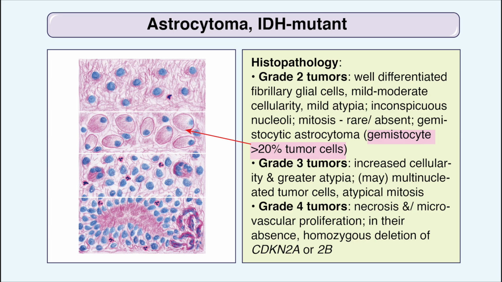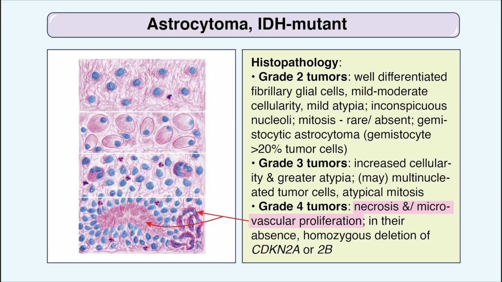Remember, the term gemistocytic astrocytoma is typically an IDH-mutant astrocytoma where gemistocytes account for more than 20% of the tumor cells. CNS WHO grade 3 tumors often display increased cell density with greater nuclear atypia, sometimes associated with multinucleated tumor cells and atypical mitosis, but microvascular proliferation and necrosis, features of grade 4 tumors, are absent here.